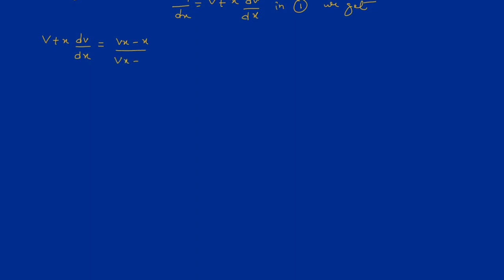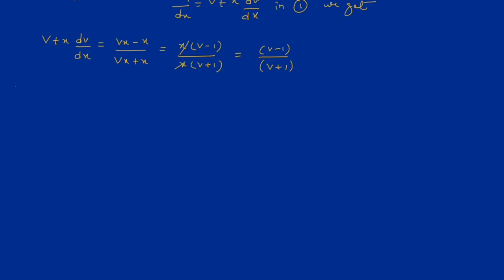If we take x common from numerator as well as denominator, x gets cancelled from both. The remaining terms are (v minus 1) upon (v plus 1).